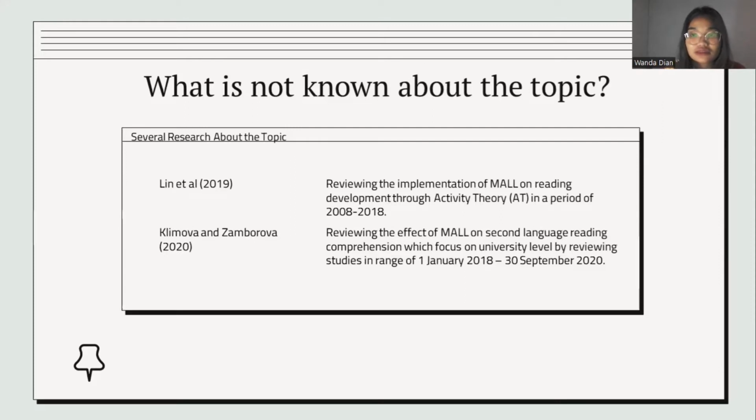The second study was conducted by Klimova and Zamorova in 2020, which reviewed the effect of MOL on second language reading comprehension, focusing on the university level by reviewing studies in the range of 1 January 2018 until 30 September 2020.